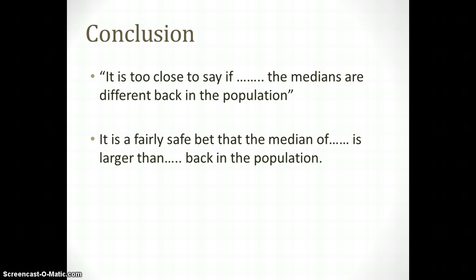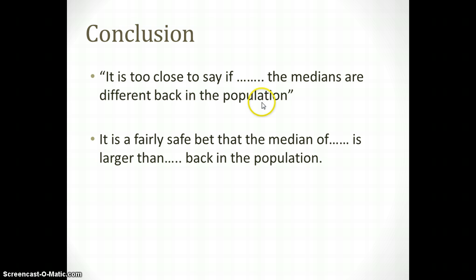The medians are different back in the population. Or it is a fairly safe bet that the median of males and females is large. Sorry, the median of males. Let's start again. That the male's reaction time is larger than the female's back in the population.